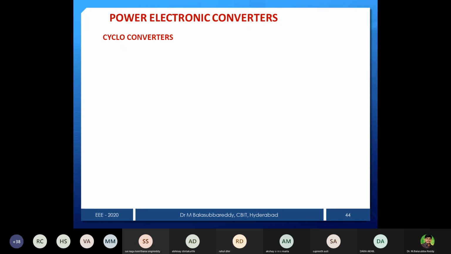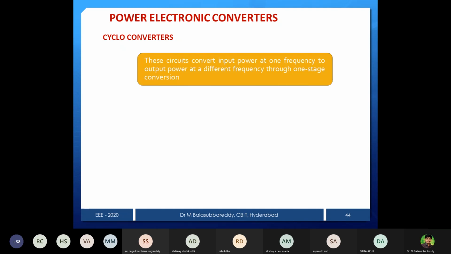But the AC voltage controller's intention is variable voltage only, not variable frequency. So the function is that it converts one frequency to another frequency, meaning variable frequency. Voltage also will vary, but the major role is varying the frequency.